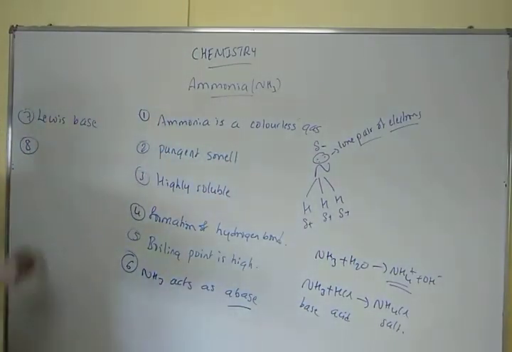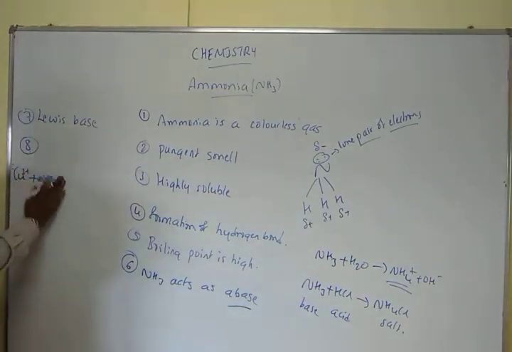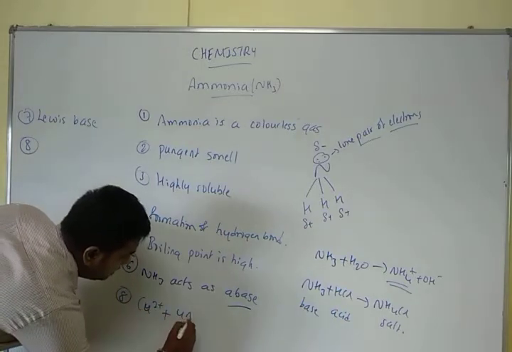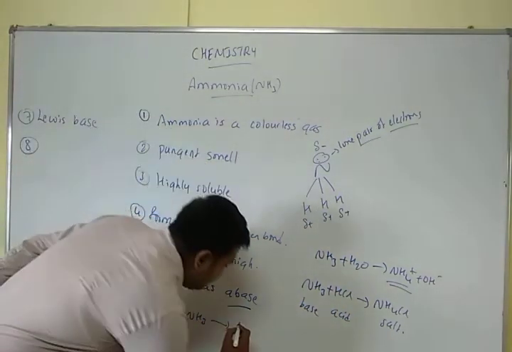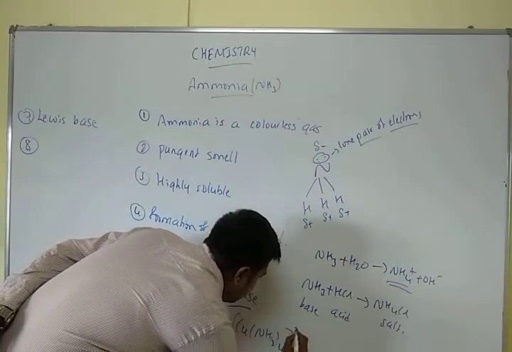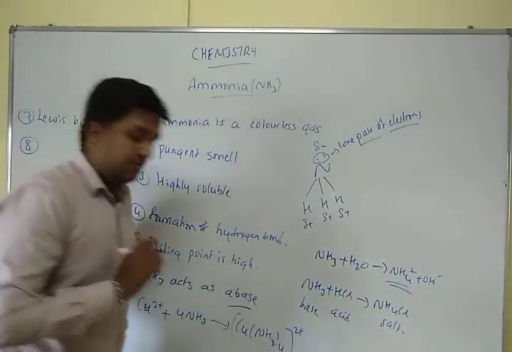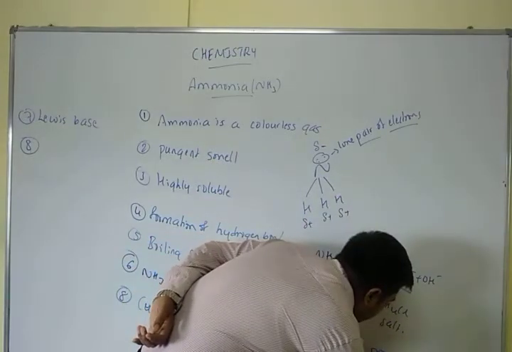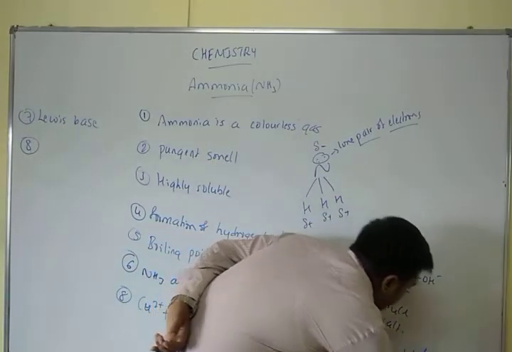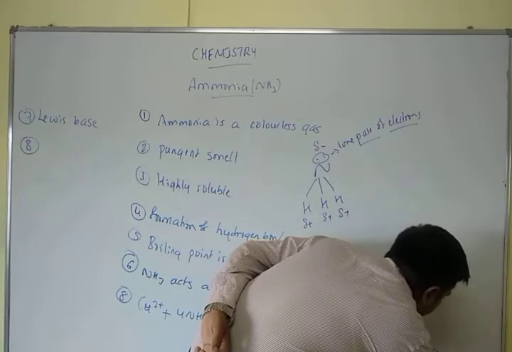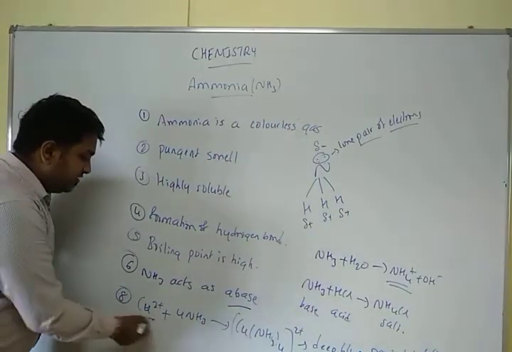For example, in order to identify the copper ion, when copper ion is treated with, just a second, let me write here, ammonia, it forms the deep blue cuprammonium ion. So by this we can identify the copper ion also.